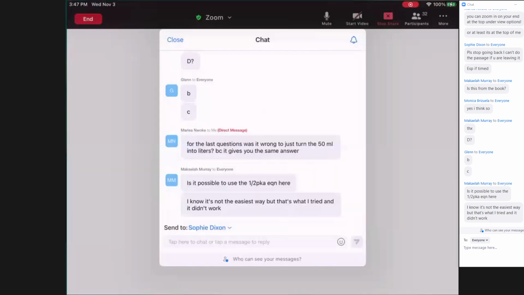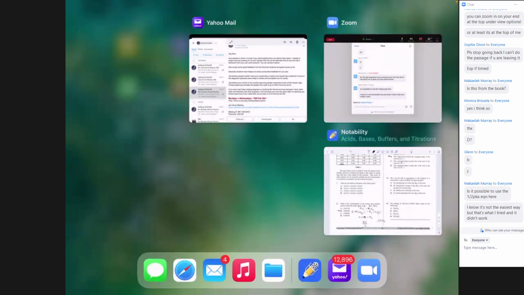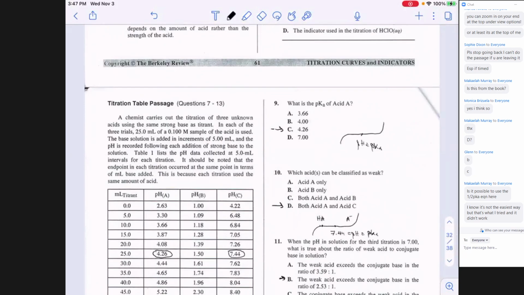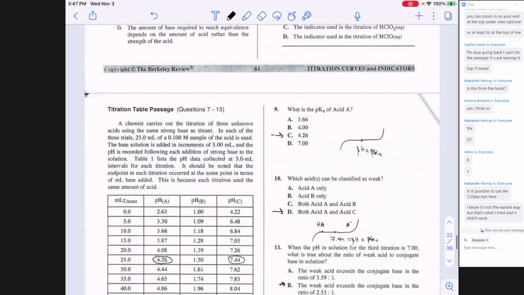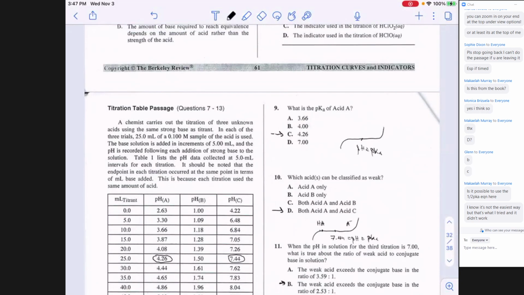Sorry, there was another 2 questions. Is it possible to have a pKa equation here? You can find the pKa of this, but you don't know the pKa. I guess you can calculate the concentration that you would have at the time. Seems like a lot of work. For number 9? Yeah. Okay.